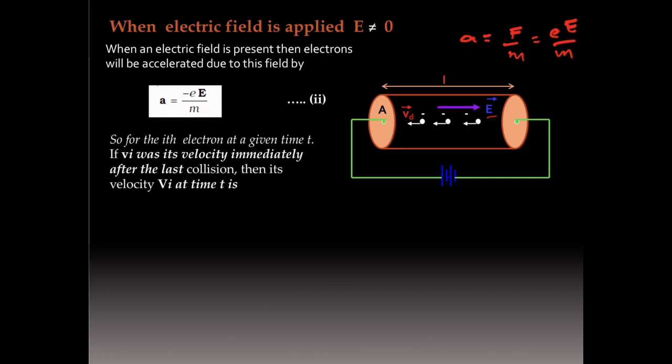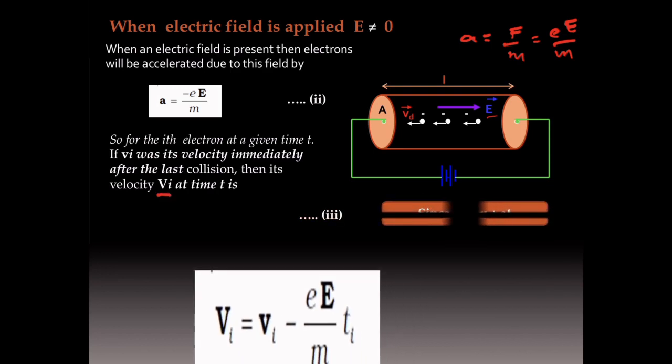Again, if we consider only the ith electron at a given time t, and take small vi as the velocity at that instant, and after the electric field is applied let its velocity become capital Vi.